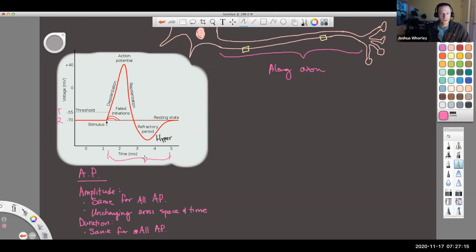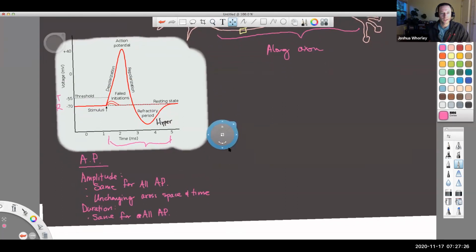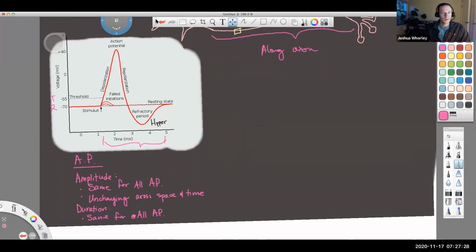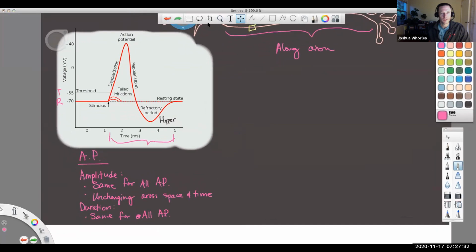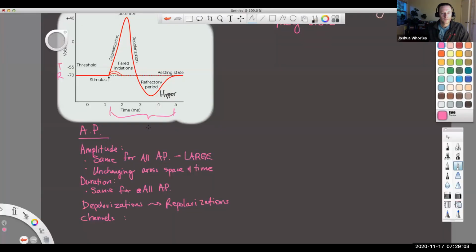Action potentials always are depolarizations followed by repolarizations, right? So it's always a depolarization followed by a repolarization.